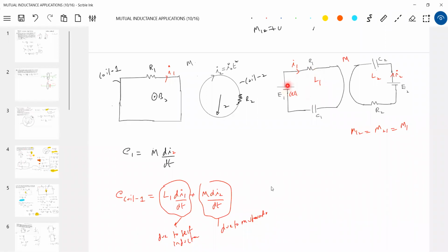You can write it. The external cell is already there. This is not the induced EMF cell. So this I1 is due to this one. Here I'm comparing only magnitudes. Now can you write an equation altogether?